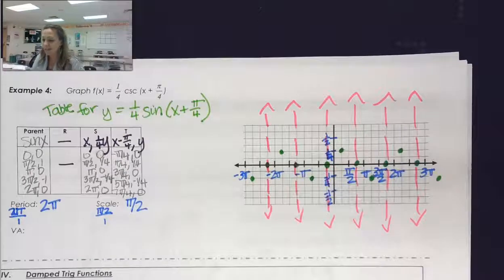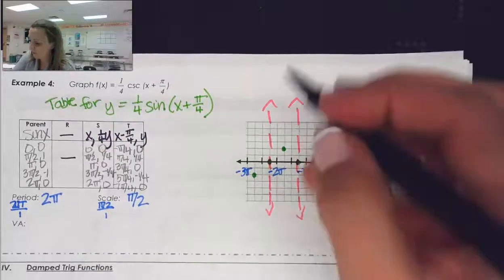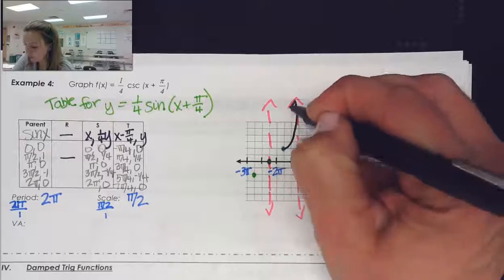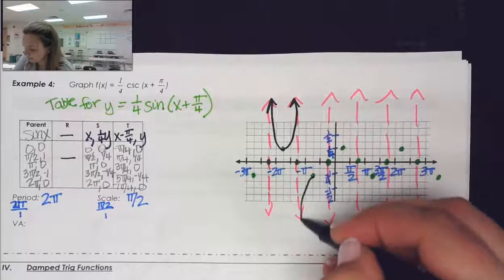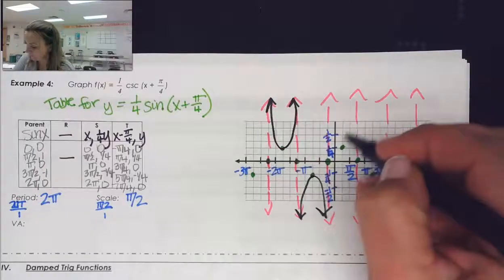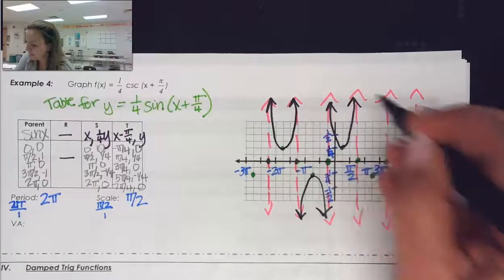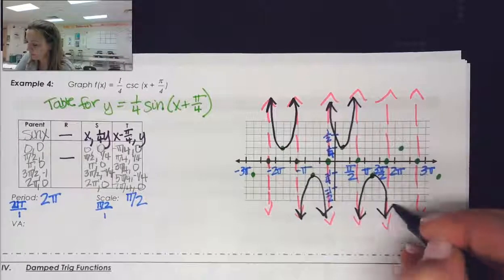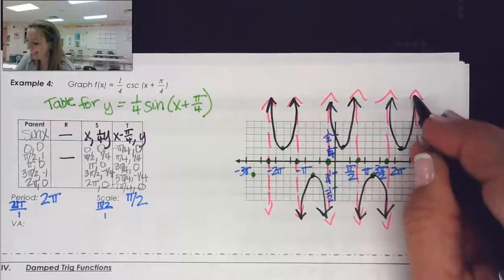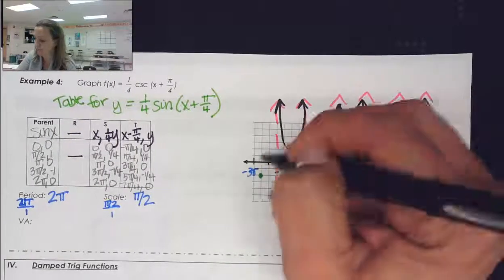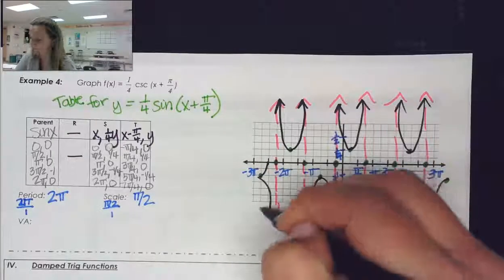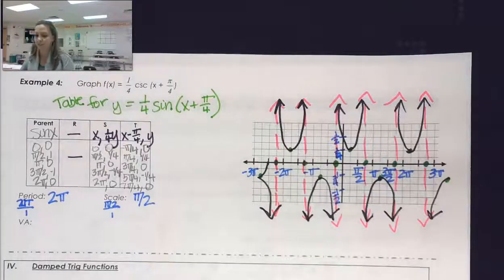And then once you draw the x-intercepts in, again, what would have been like your maximum, you're going to make that the minimum of that little piece of our cosecant graph. So notice I don't even need to connect the points for the sine function. I'm just going to use those points as guides.